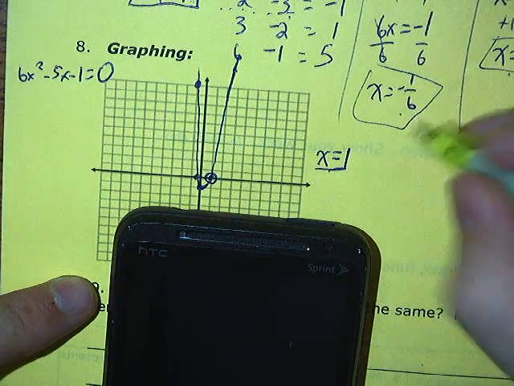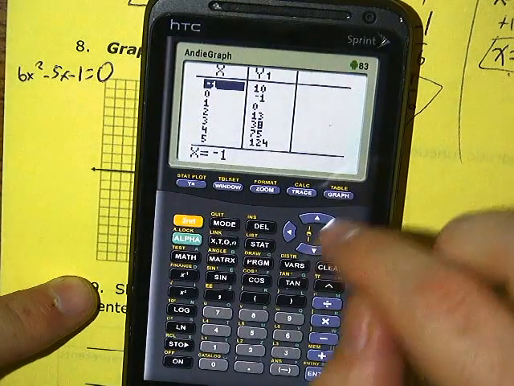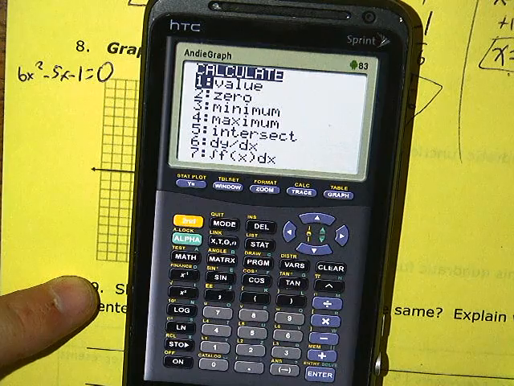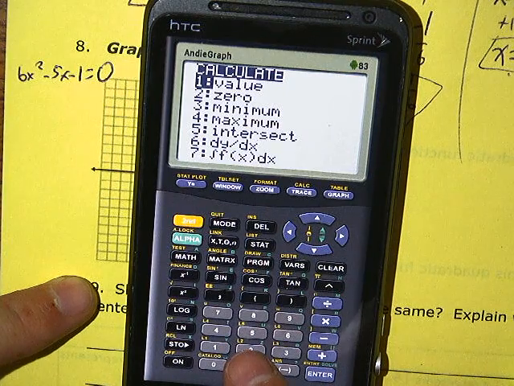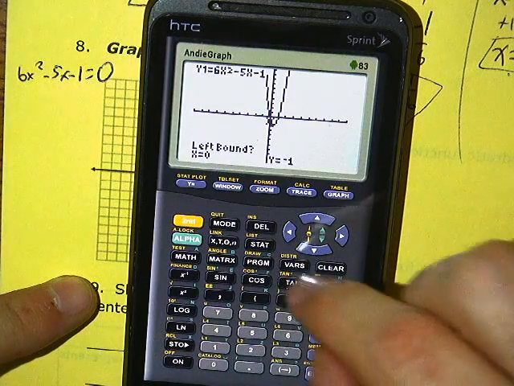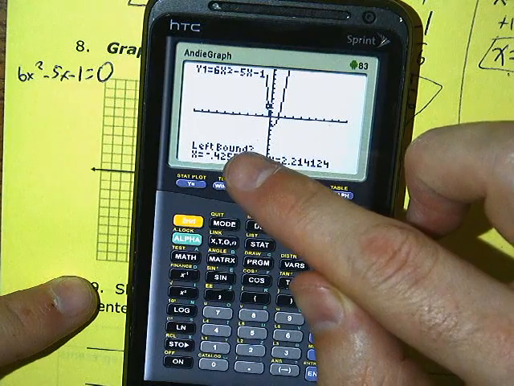That's where we have to go to our calculate command. So from the graph, go to second calc, which was the trace button, and we want option 2, which says 0. Now, first off, it asks us for our left bound.